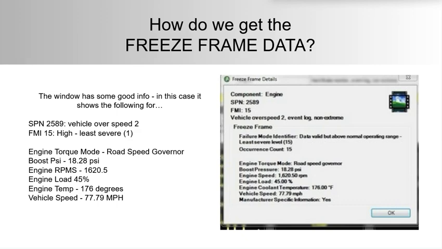And then the information it grabbed when this happened: the engine torque mode was road speed governor, boost pressure 18.28 psi, engine RPMs was 1,620.5, engine load 45%, engine temp 176 degrees, vehicle speed 77.79 miles per hour. So they were probably going down a hill and trying to slow down when it saw this overspeed condition based on that data. But anyways, it threw that in there for you to look at.